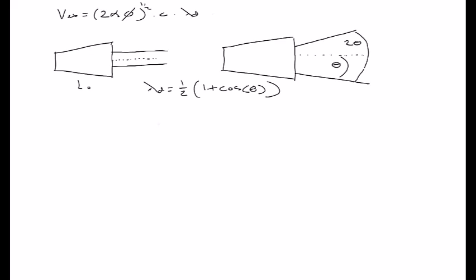Let us consider the 2 scenarios of, first of all, no divergence and then large divergence. So, no divergence. In this scenario we have an efficient axial jet.